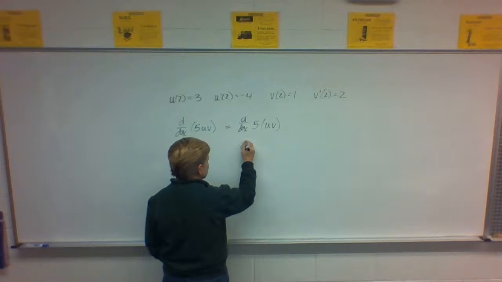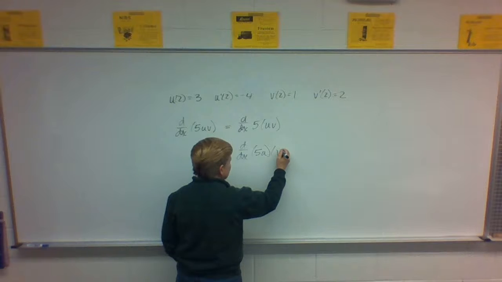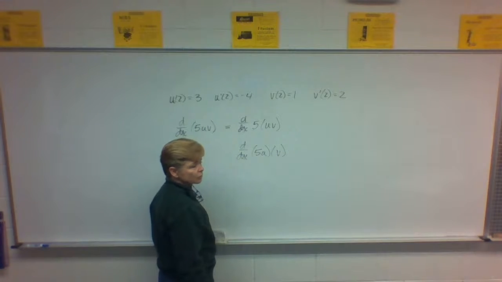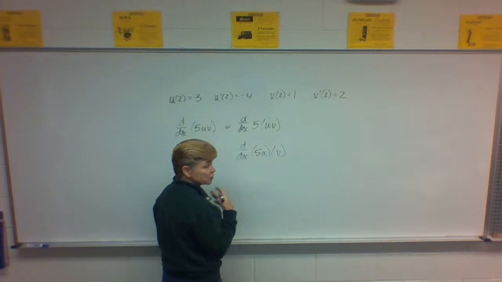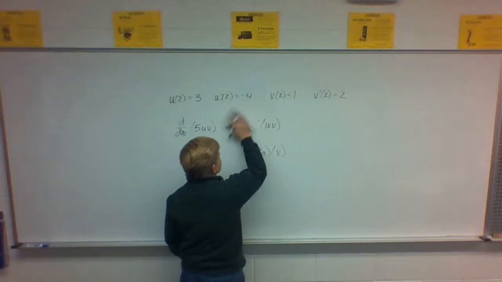It's also the same as this. You can even put the 5 at the v if you want. It'll all come out in the wash if you do it right. I prefer this myself. It's just a personal choice. But this is what they want you to find.